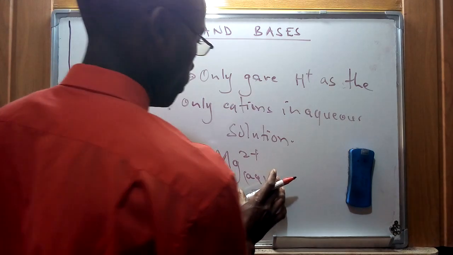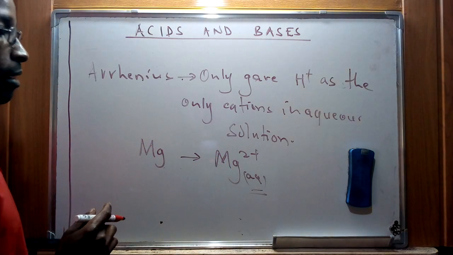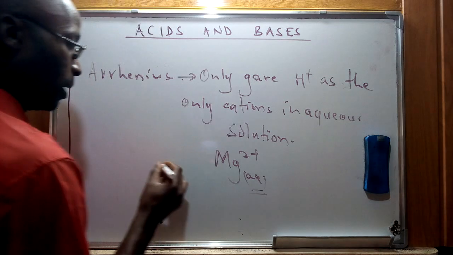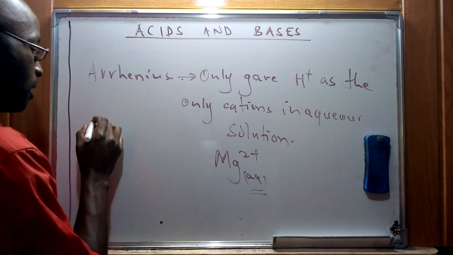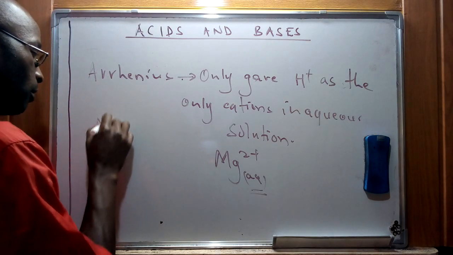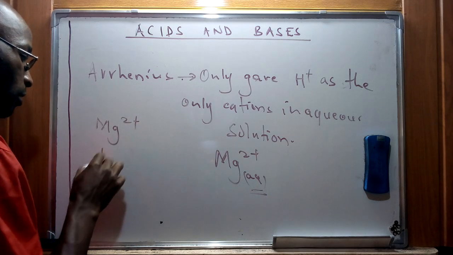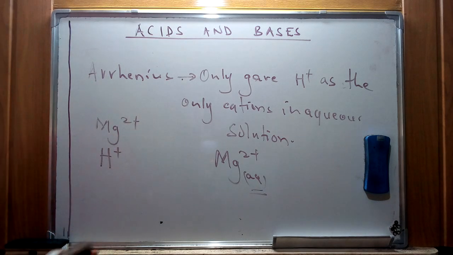So if you look at the nature of ions in this kind of solution, we're going to see that it contains positive ions for magnesium, 2 positive, and then it's going to contain hydrogen ions since it's in aqueous solution.